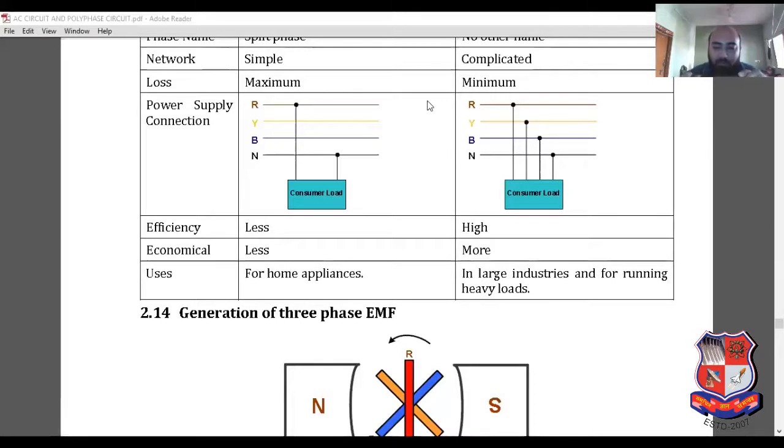So these loads are nothing but the three phase loads. Okay.